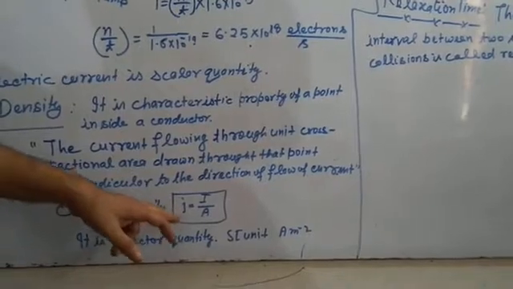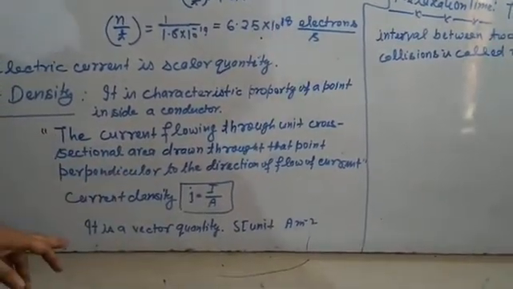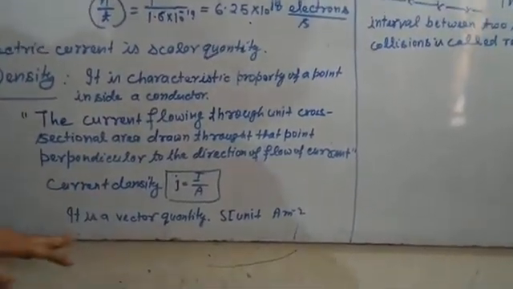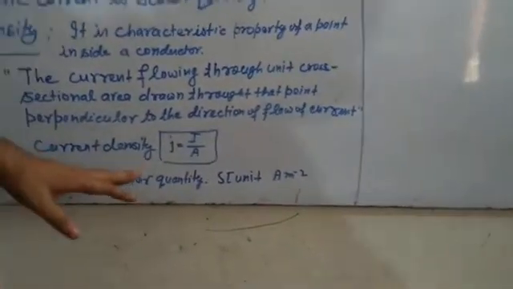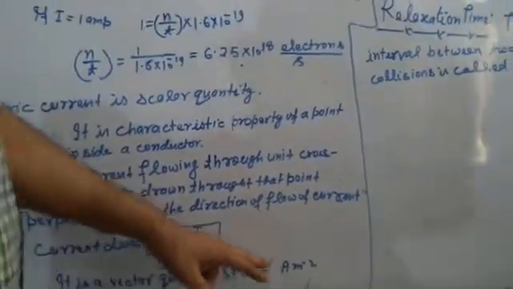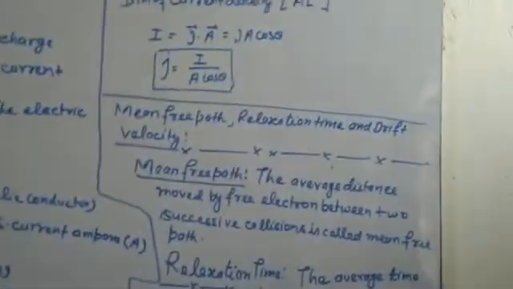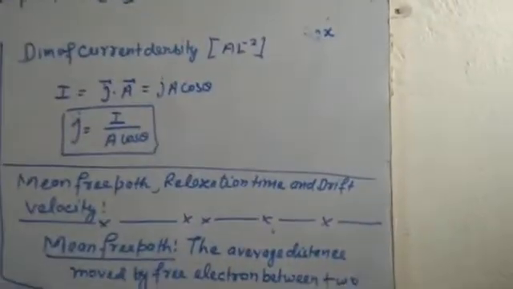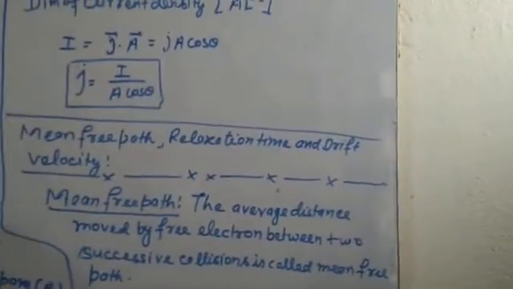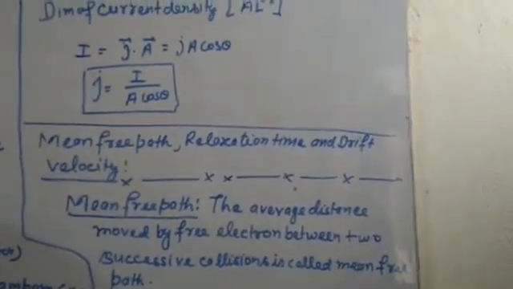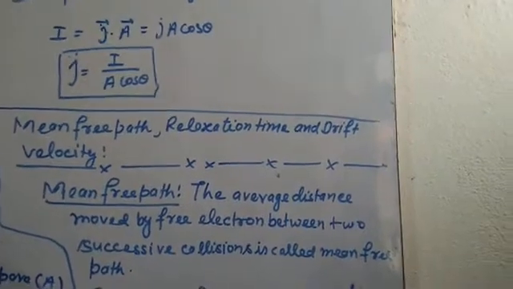It is denoted by J equals I by A. It is a vector quantity. SI unit is ampere per meter square, where I is the total current distributed through a point and A is the area of the point.